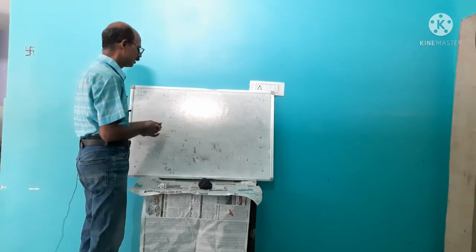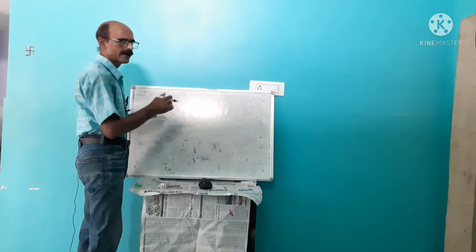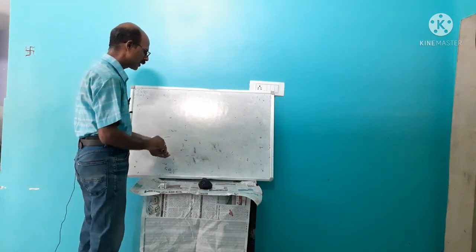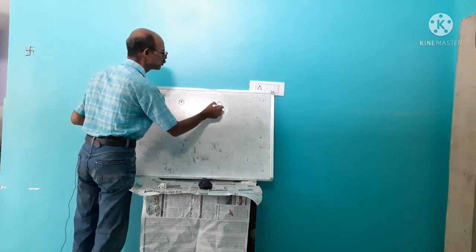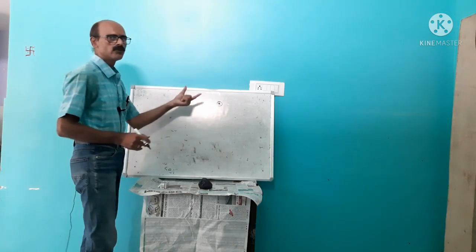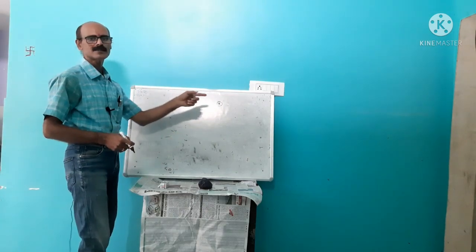Now we will discuss a little bit about the vector form of Coulomb's law. One more thing I want to tell: the Coulomb's force which acts between two charges acts along the line joining the two charges.